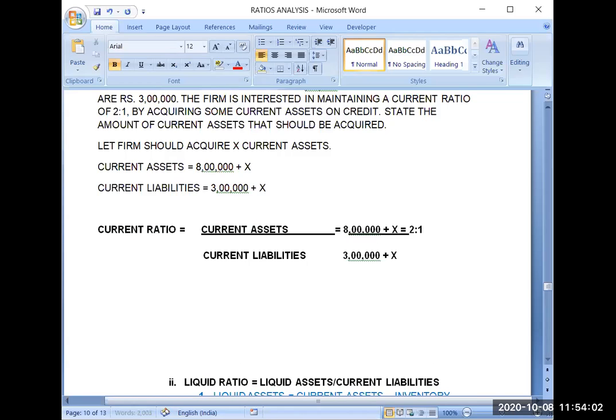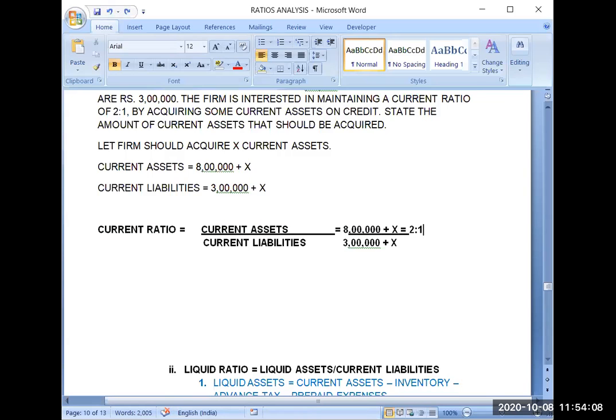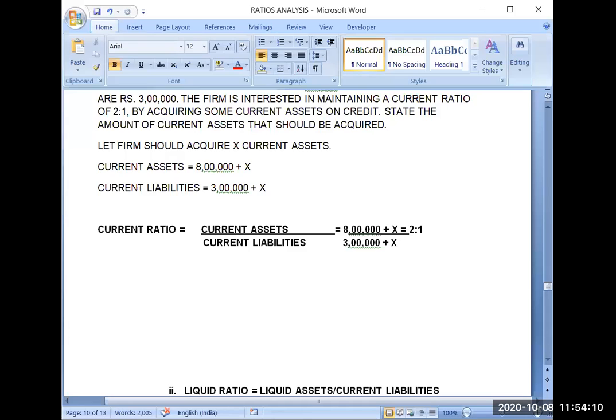So now if I solve it, you can write 2:1 instead as 2/1.